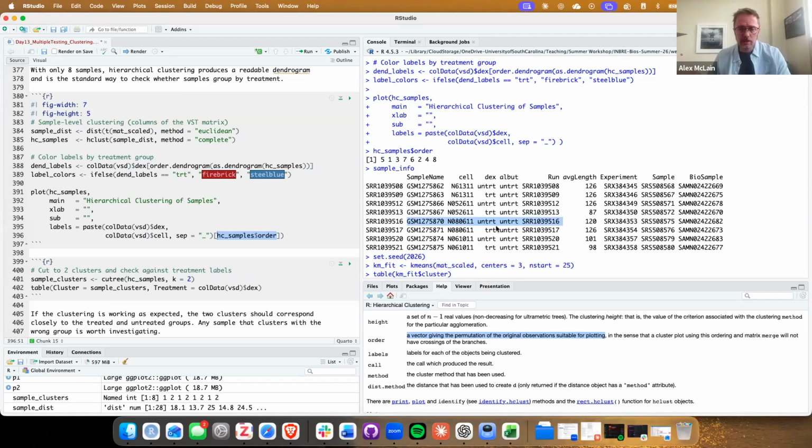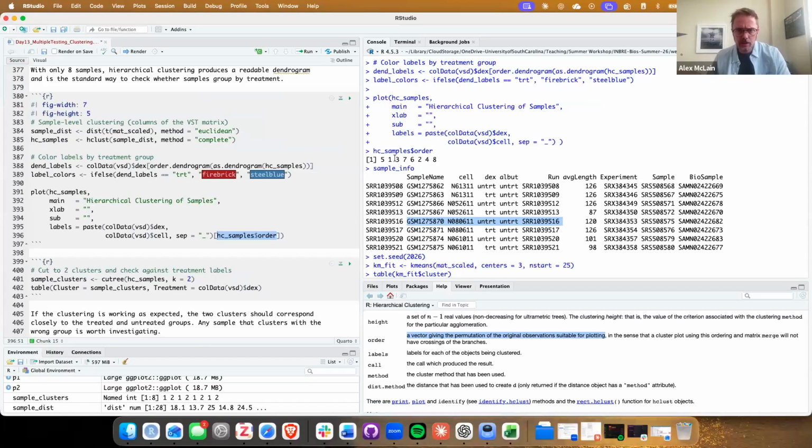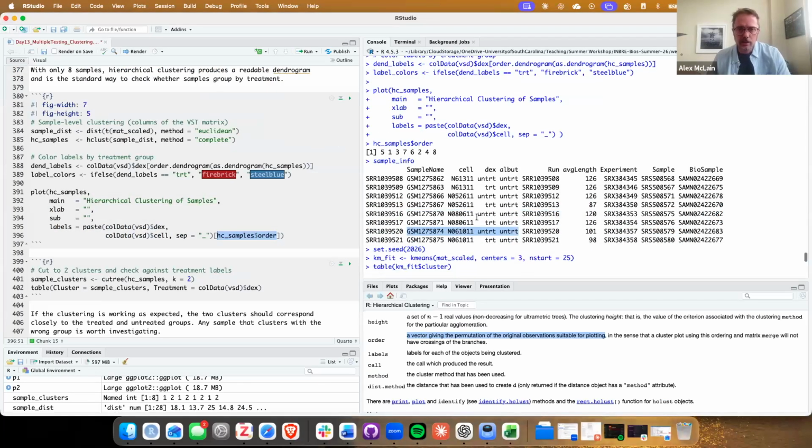The fifth sample is untreated. So it's a control. Here, we can clearly see that this says treated. The first sample, also untreated. The third sample, also untreated. And the seventh sample, also untreated. So these first four should all be untreated. The second four should all be treated.